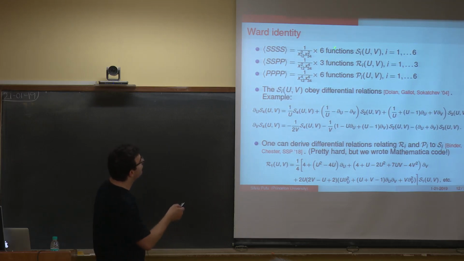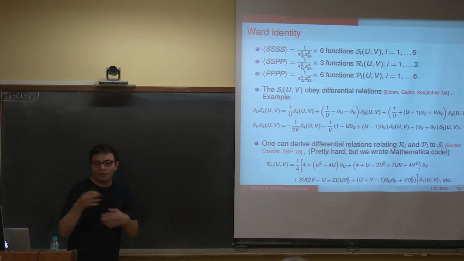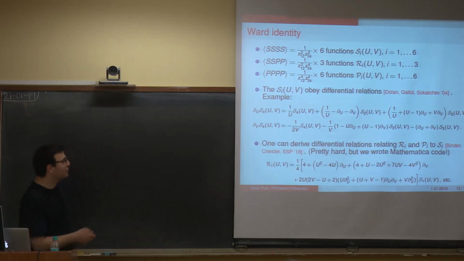You can get the other ones using crossing symmetry. So here I'm just relating S4 to S2 and S3. I didn't tell you what S1, S2, S3, S4, S5, S6 are. This is just to give you an idea of what the relations might look like.